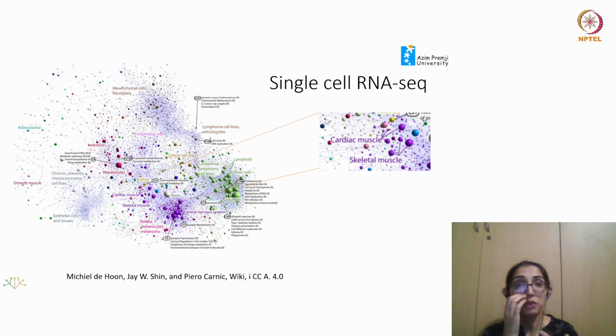You can imagine that this would be very interesting in developmental biology, right? So how does a mouse develop over time? What are the expression patterns of different tissues as they develop? This is a very useful application, not just to understand disease progression, but also for developmental biology.